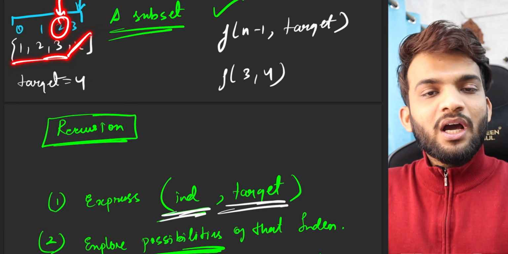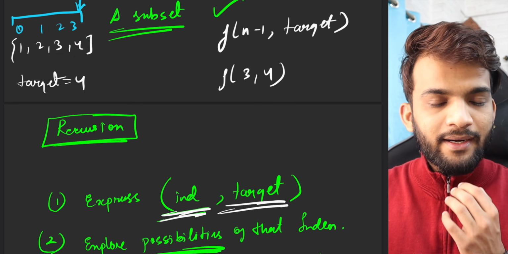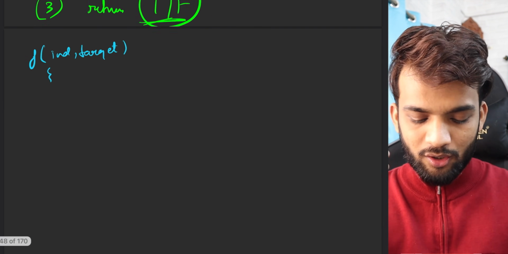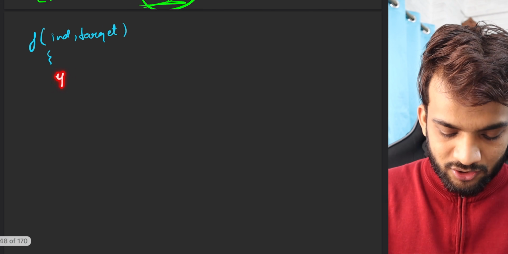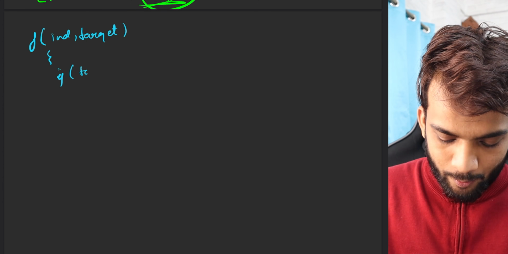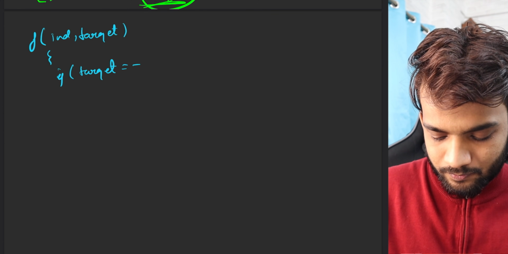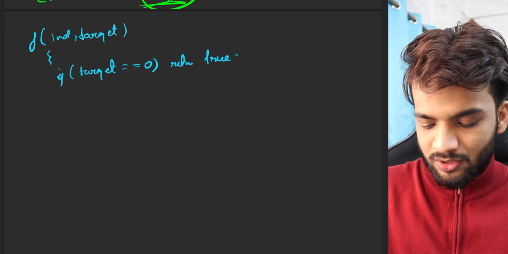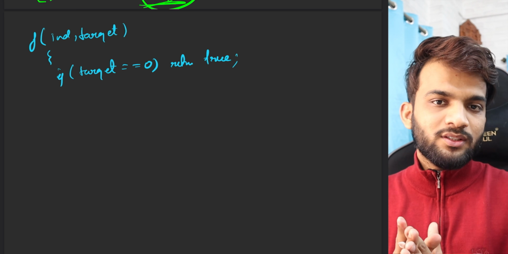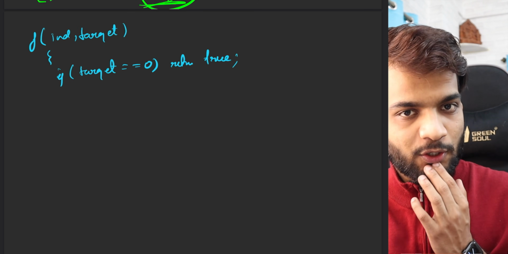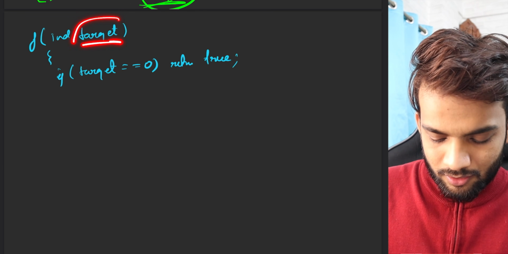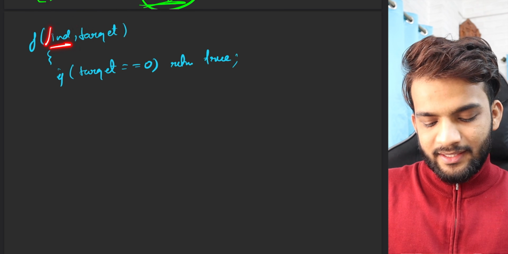There is no further target to be achieved. So if at any moment the target becomes 0, I'll return true, because we were looking for a subsequence which gives the target as 0. So we have written the base case for target. What about the other one, index?